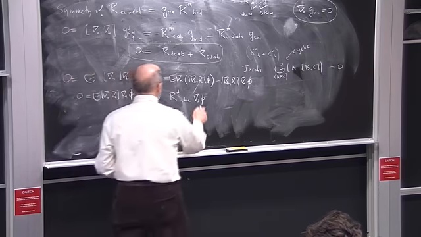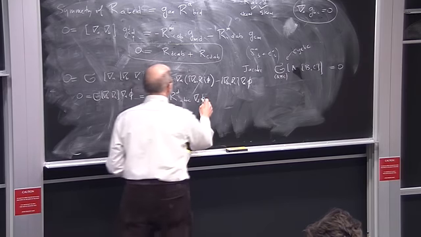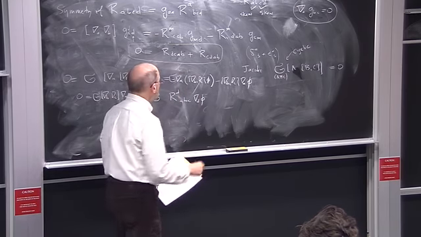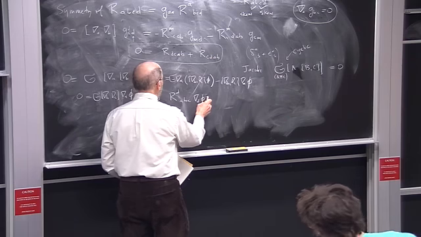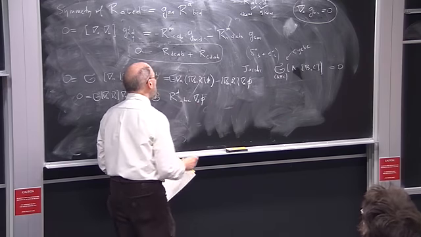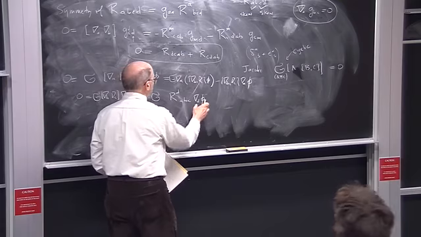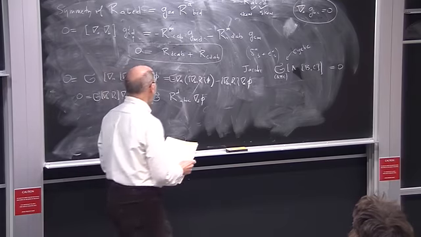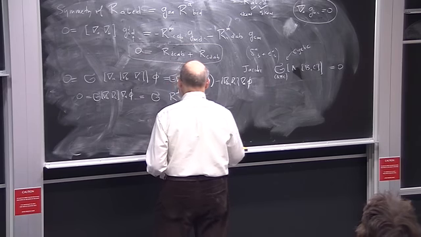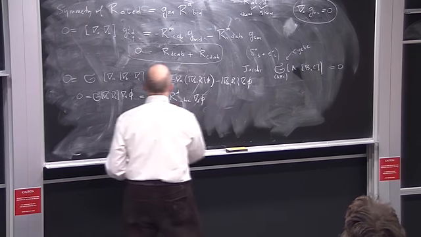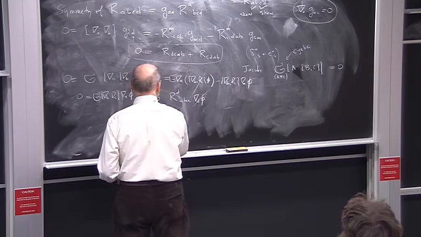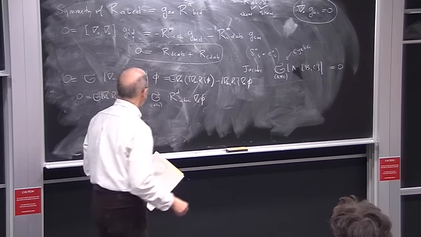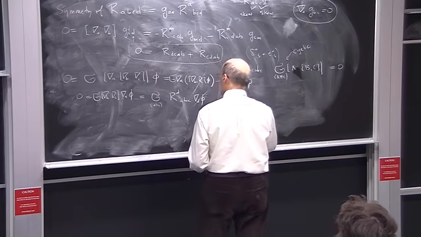But again, this is like the question you raised before, but in this case it's more obvious. At a given point, we can make any covector the gradient of some scalar. So I can cross this off, and I just get that the appropriate cyclic symmetrization of A, B, C of the Riemann tensor equals 0, vanishes.